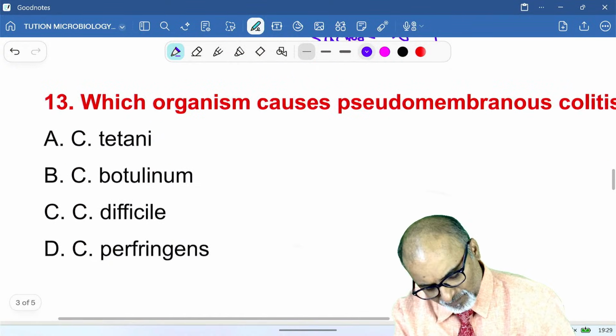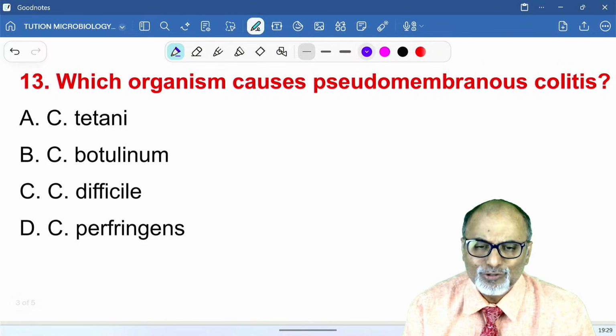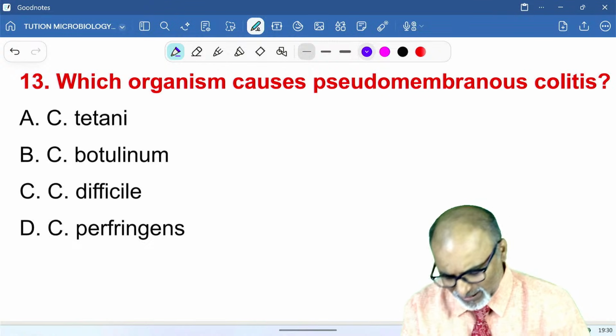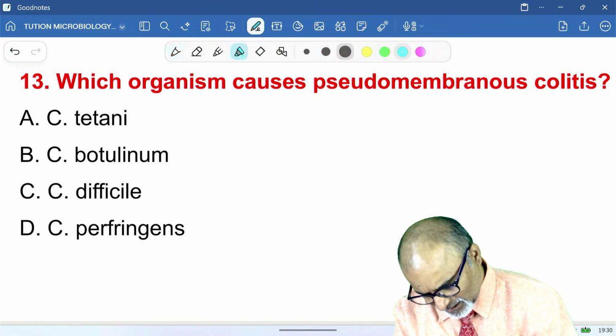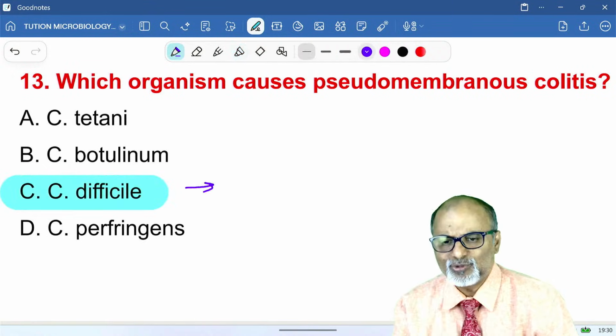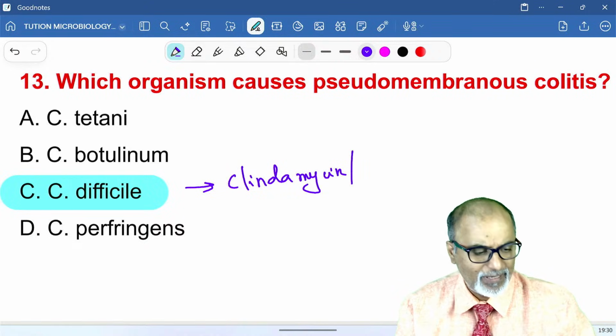Next is which organism causes pseudomembranous colitis? Just now we discussed pseudomembranous tonsillitis caused by diphtheria. Pseudomembranous colitis is caused by Clostridium difficile. Antibiotic associated, mainly clindamycin, aminopenicillin.